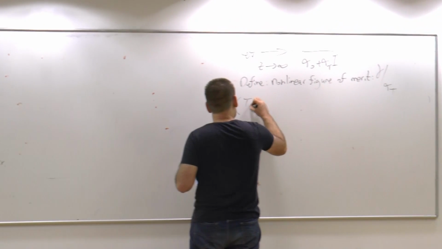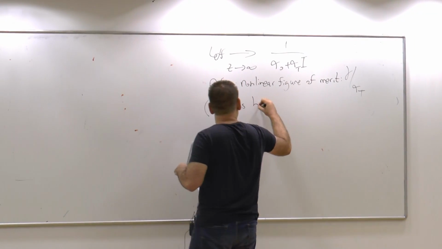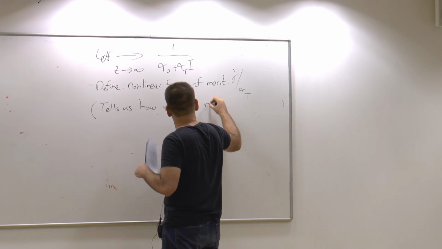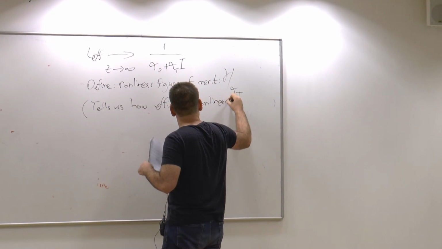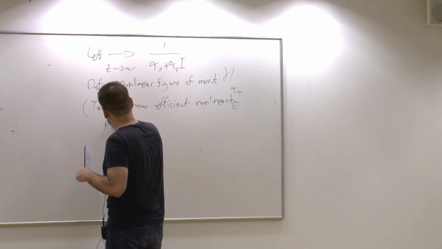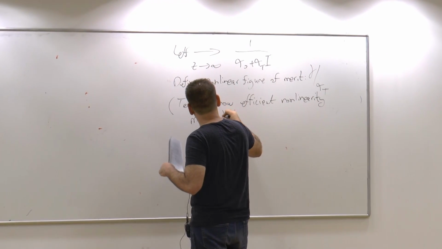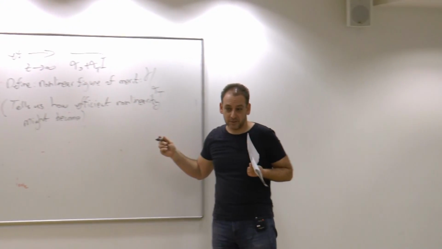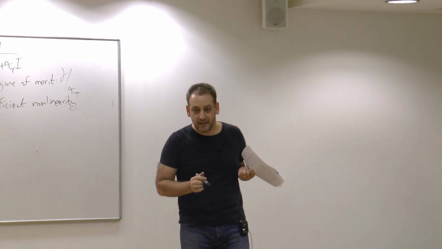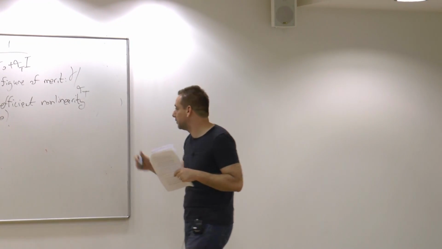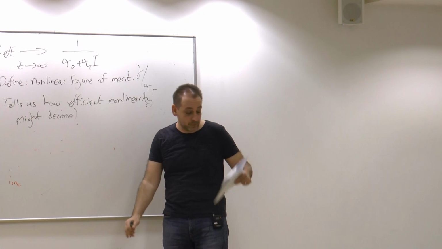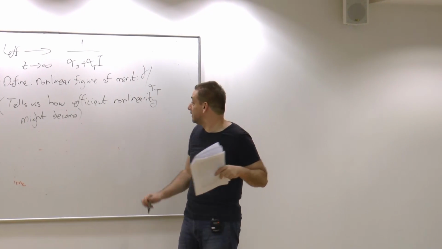It tells us just how efficient the nonlinearity might become. Of course, we want a large gamma because the efficiency scales with gamma, and we want to have long reach, so we want to keep nonlinear losses low. So the higher this ratio, the better off we are. Unfortunately, in silicon, it's pretty bad.